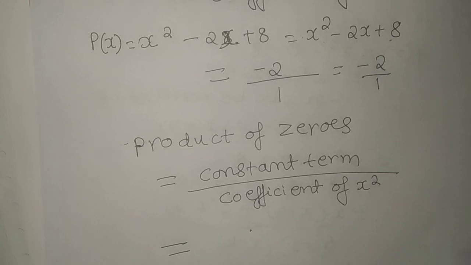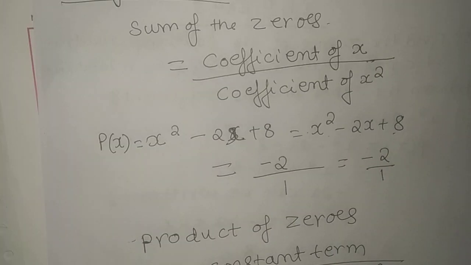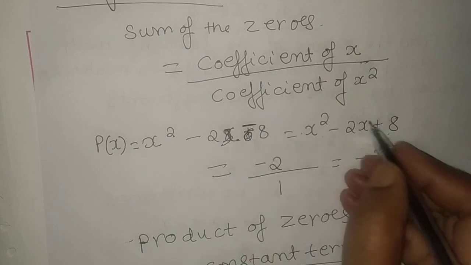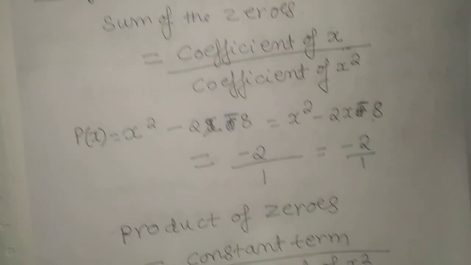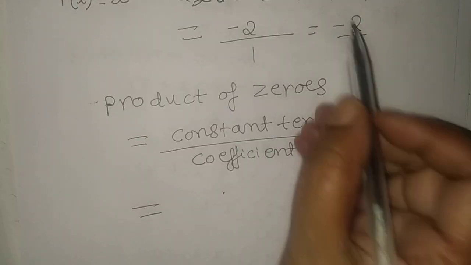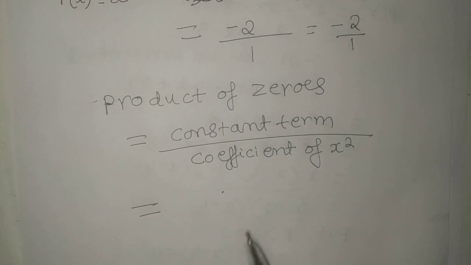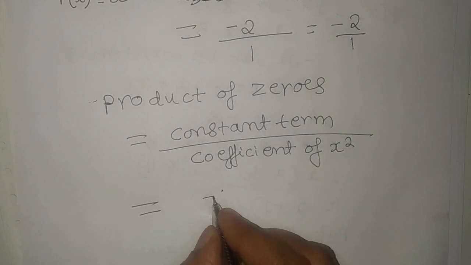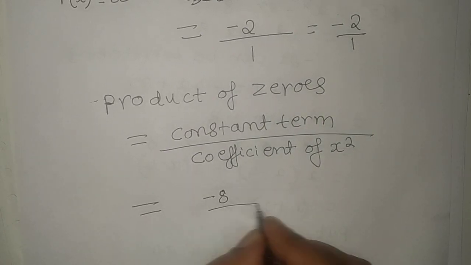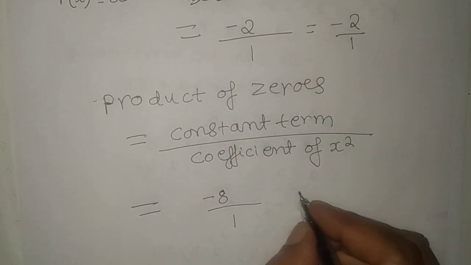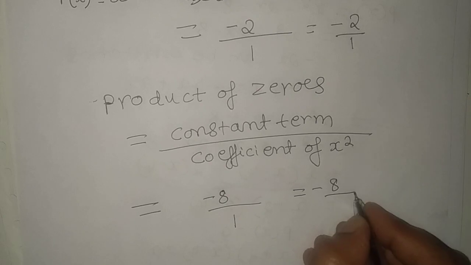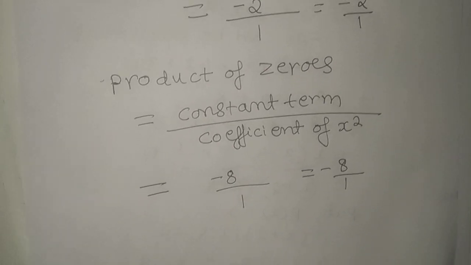So I made a mistake here. This is minus, so this is minus the expression. I have written correctly, but here I made a mistake with the minus. So substitute the values: minus 8 by what is the coefficient of x square? 1. Substituting, we get minus 8 by 1 as the solution.